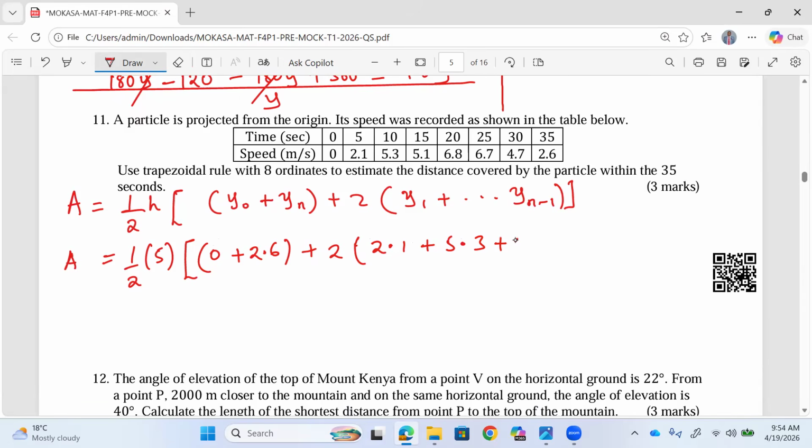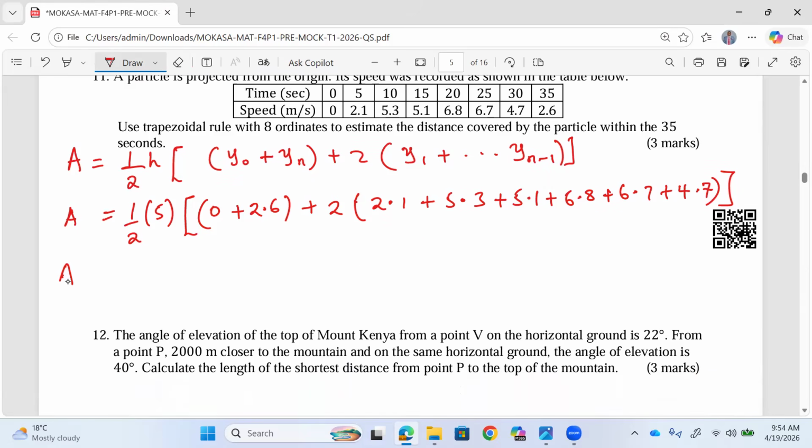5.3, 5.1, 6.8, 6.7, 4.7. How many values are these? 1, 2, 3, 4, 5, 6. Good.